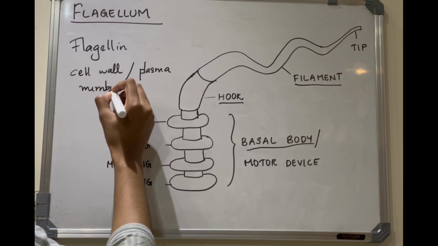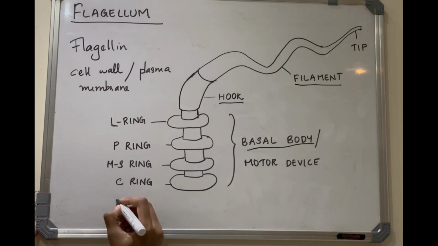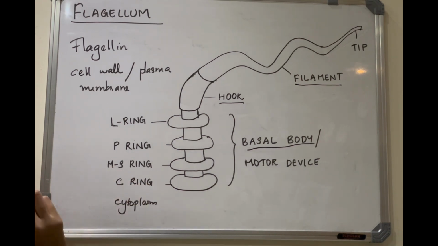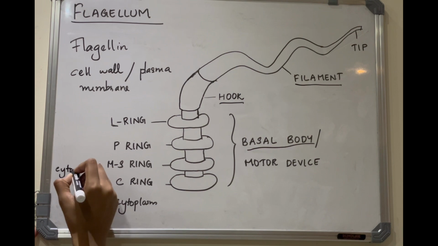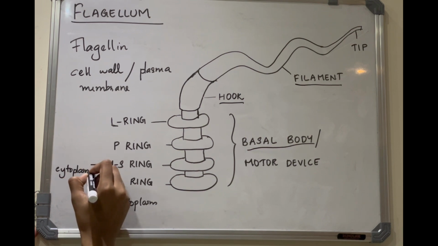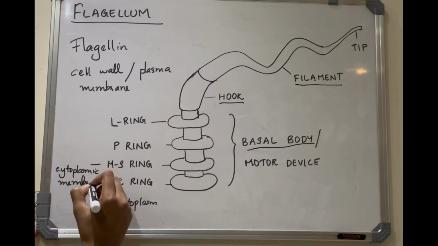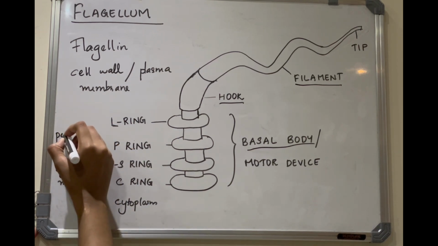Now, which are those rings? Let's see. There is the C ring that is anchored in the cytoplasm. There is the MS ring which is anchored in the cytoplasmic membrane. Then there is the P ring that is anchored in the peptidoglycan layer.